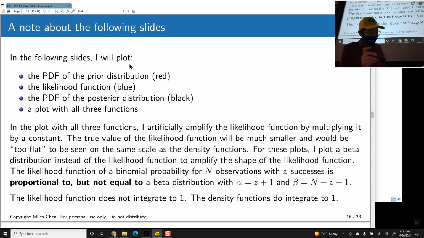Now, one thing is that the likelihood function, I'm going to artificially amplify it, because the likelihood function depends on the amount of data that you see. When you have lots of data, the likelihood of getting that particular outcome is really, really low.